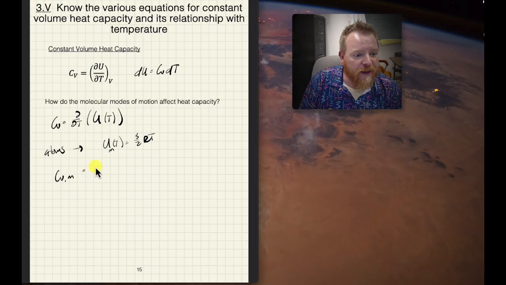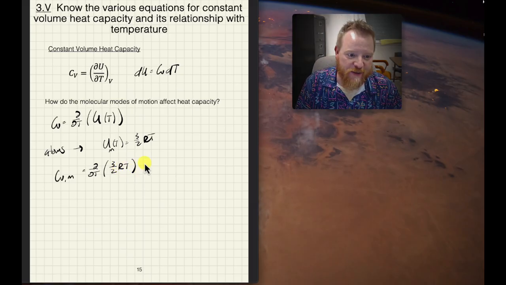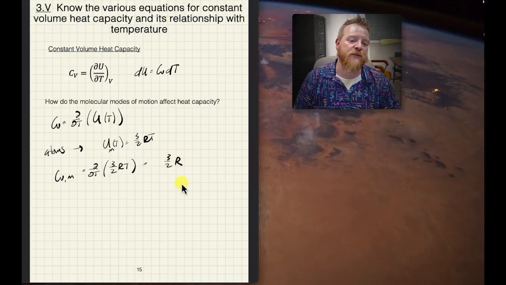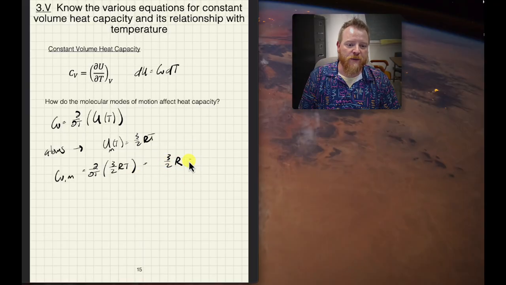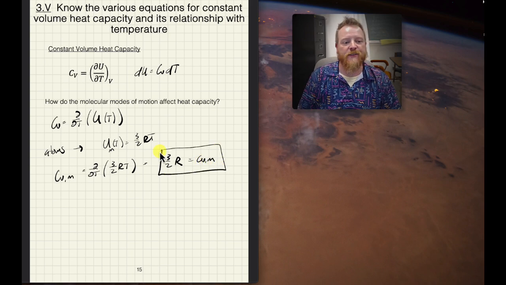That's going to be the partial of T with respect to 3/2 RT. This is a very simple derivative to take, right? That's just going to be 3/2 R, equals CVM for a monoatomic gas.